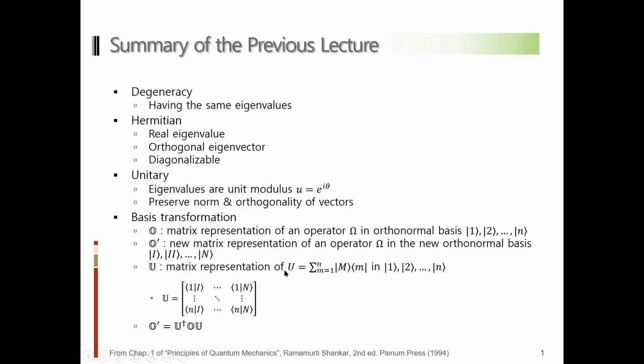and this unitary operator is defined in this form, meaning that it is a summation of all the outer products made by the new basis and then the old basis. So this is the m-th new basis vector, and this is the m-th original basis vector, and by combining them using the outer product and adding all of them from 1 to n, this will become the unitary operator.